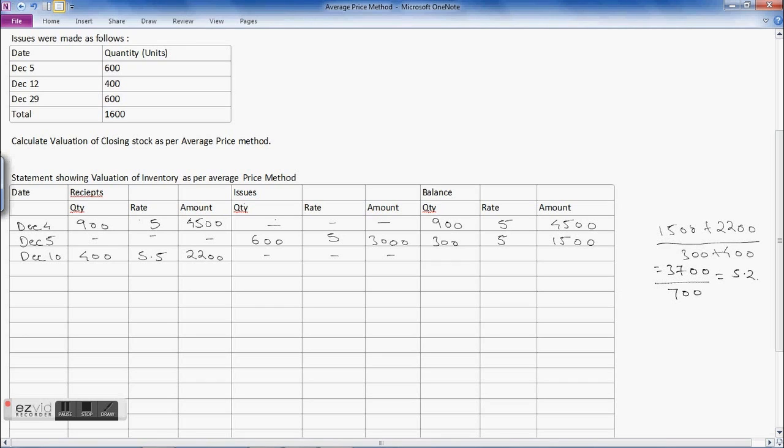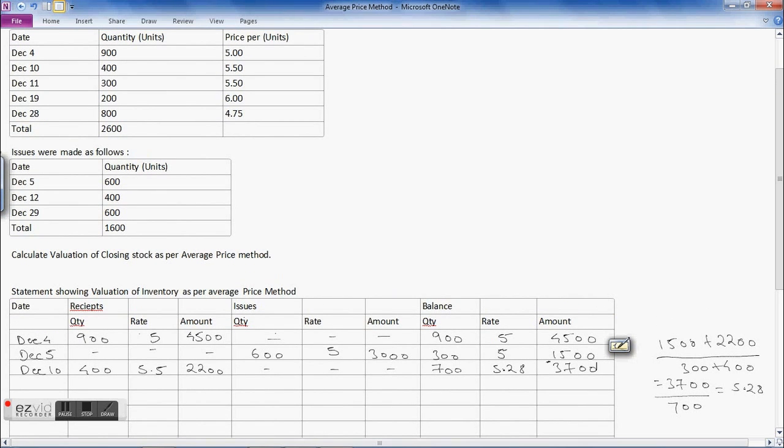So our rate is 5.28 average rate. So we'll put it in our stock register: 700 into 5.28, 3,700. We can round it off to 2 digits or 4 digits.